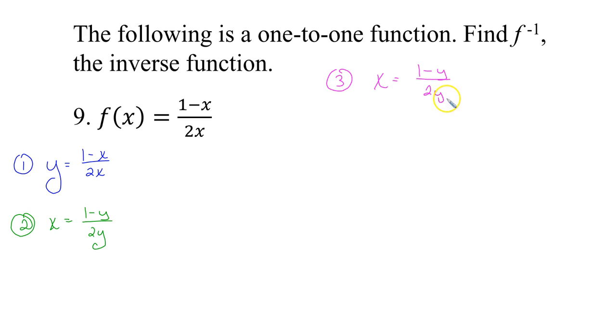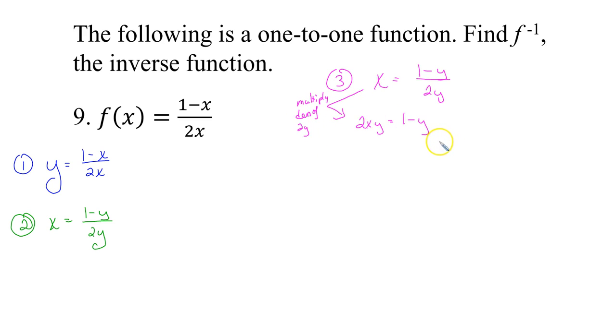So the first thing I need to do is I'm going to multiply both sides by 2y. So when I multiply both sides by 2y, I get 2xy is equal to 1 minus y. So to get from here to here, I multiply by that denominator of 2y. Okay?